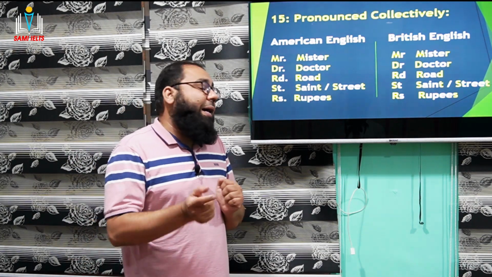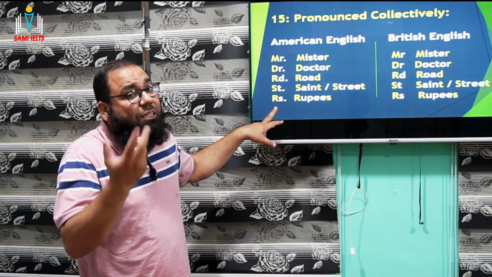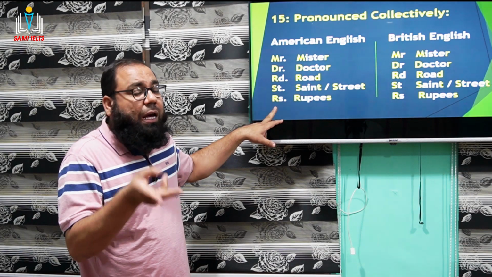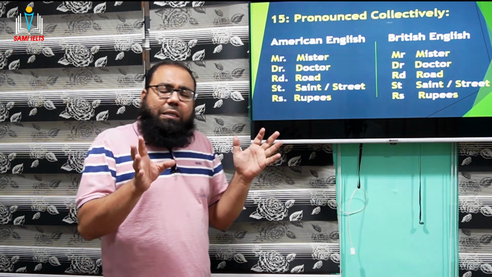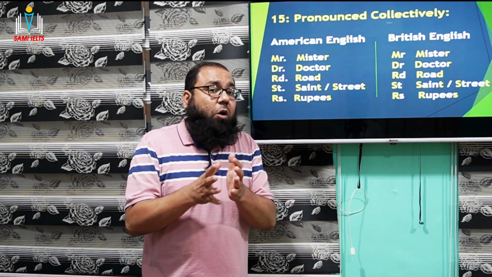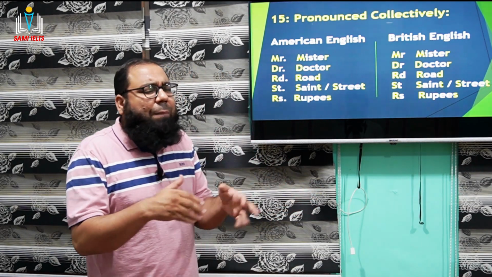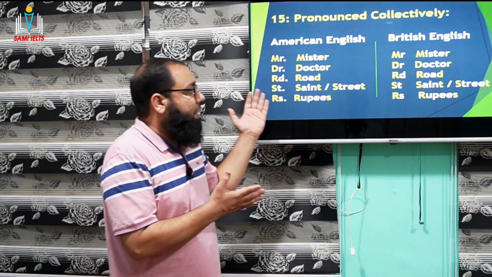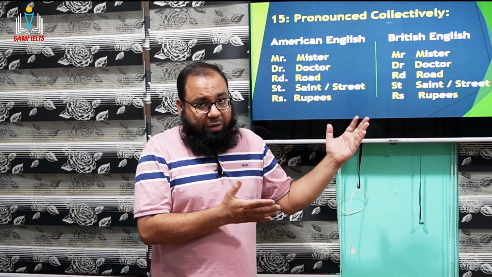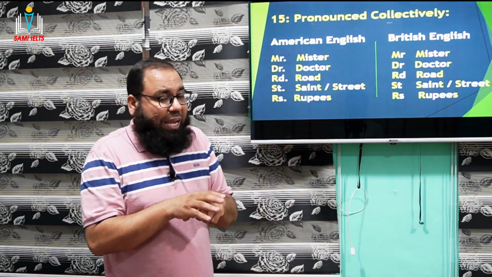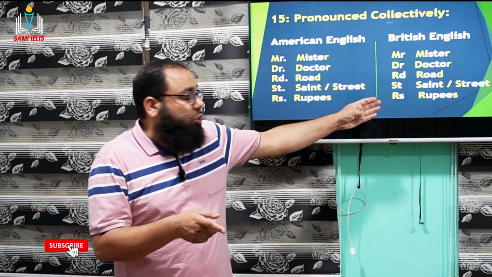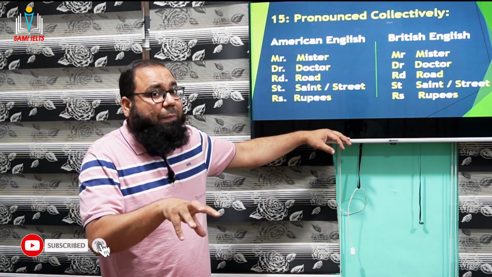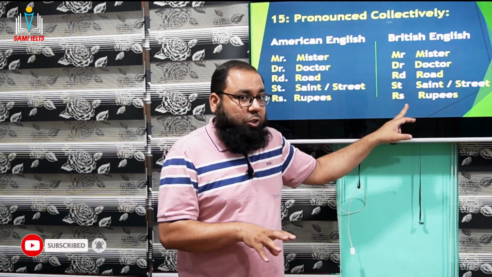Are you getting me? Now there is a question: can we use a full stop after these kinds of abbreviations or not? Dear students, both versions are 100% correct, but the difference is that one is British and the other is American. In British English, we don't use full stops after collective abbreviations.